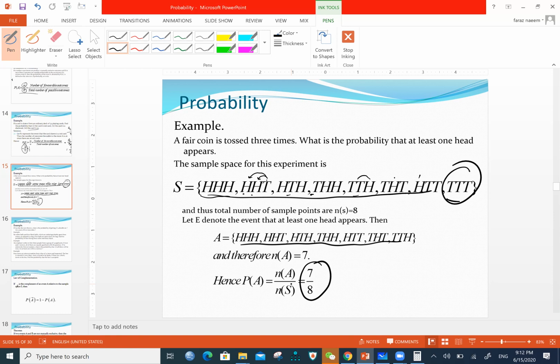Okay. So now there is another definition which is called law of complement. Sum of all the probabilities is equal to 1, like percentages. Understand?